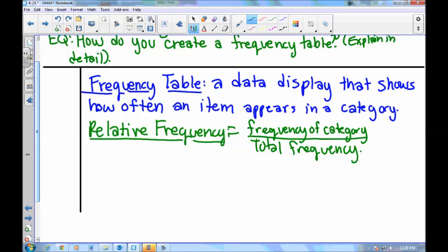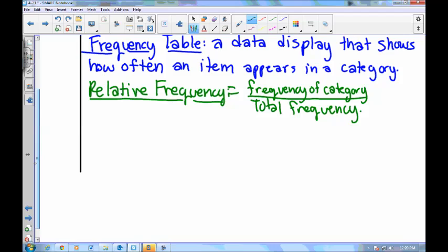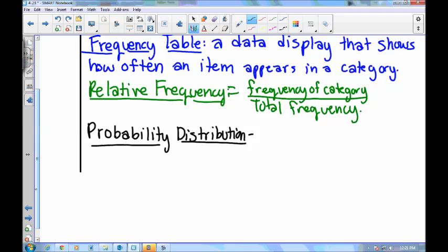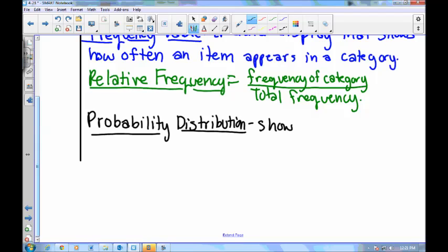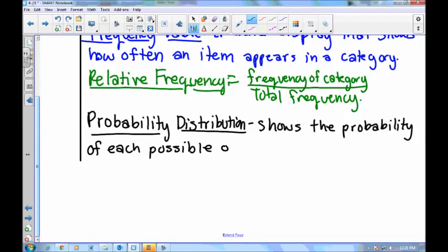And the last one is the probability distribution, which technically we did last time as well. You just didn't know that it was called probability distribution. It shows the probability of each possible outcome.